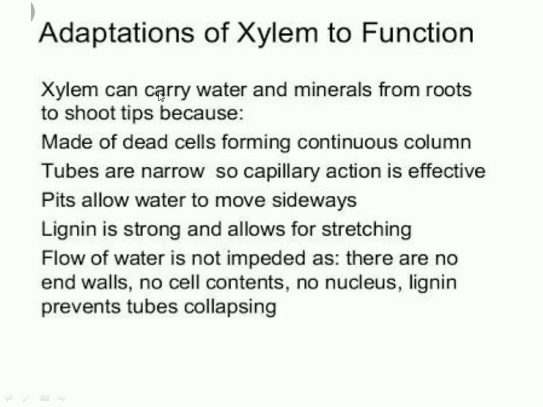Now what are the adaptations developed inside the xylem to perform its function very perfectly? In the xylem there are vessels, which help in the angiosperms in the conduction of water. As the height of the plant increases, the size of the vessel increases.